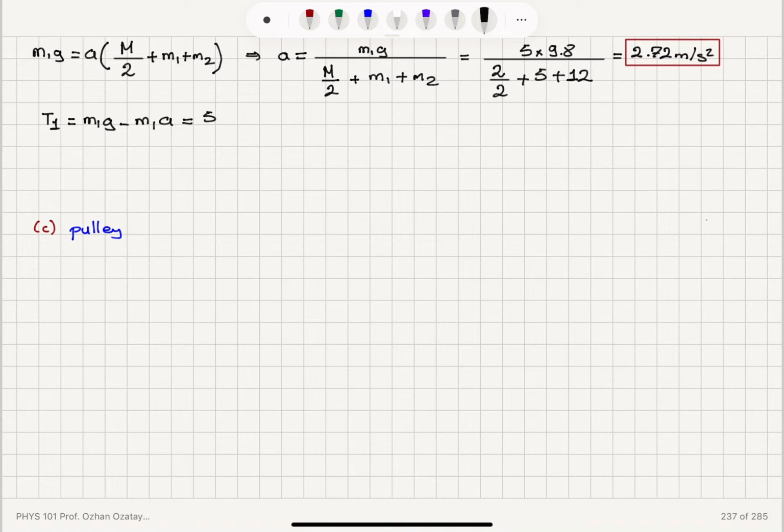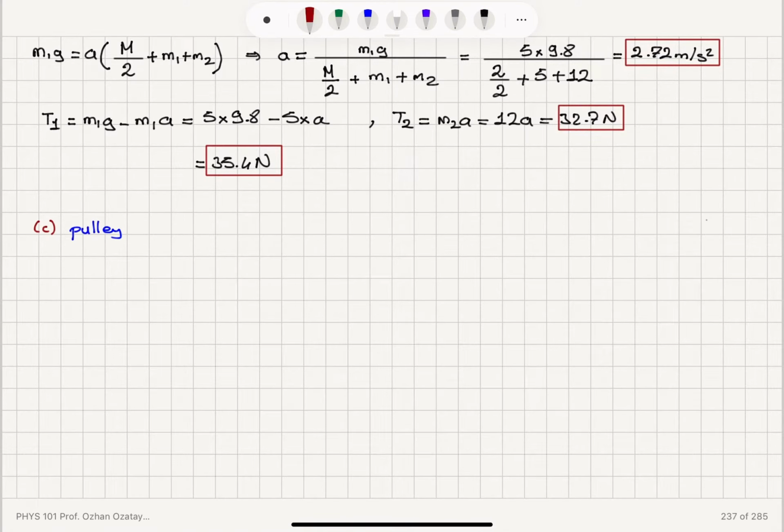So it is 5 times 9.8 minus 5 times A. This gives us, if we substitute for A, 2.72 meters per second squared, 35.4 newtons, with 3 significant figures. And as for T2, we have T2 equals M2 times A, which is 12A. So this gives us 32.7 newtons.